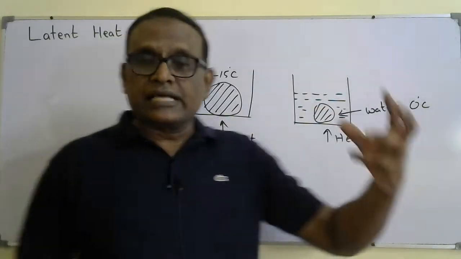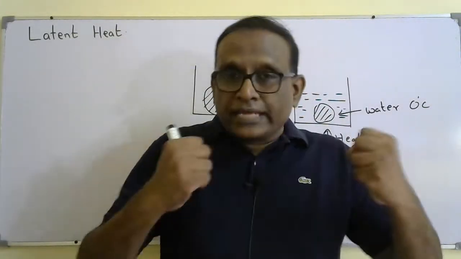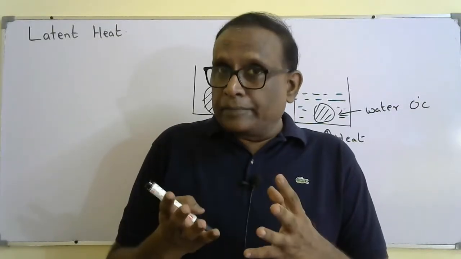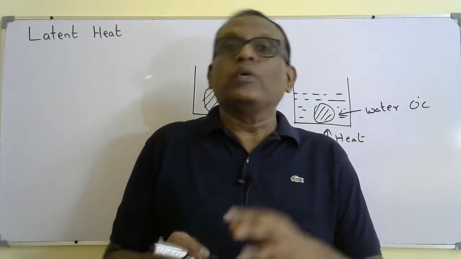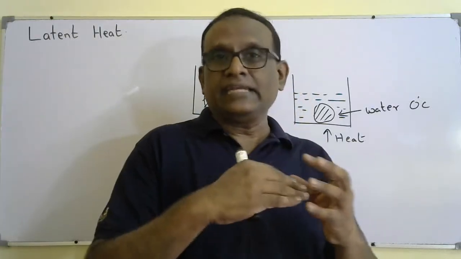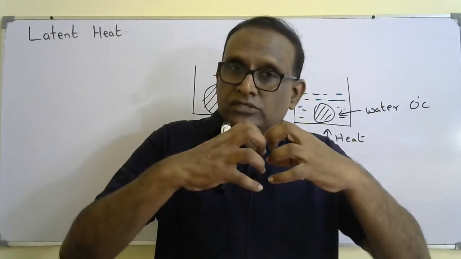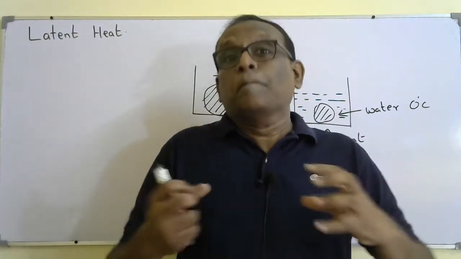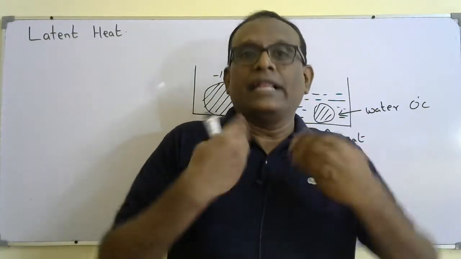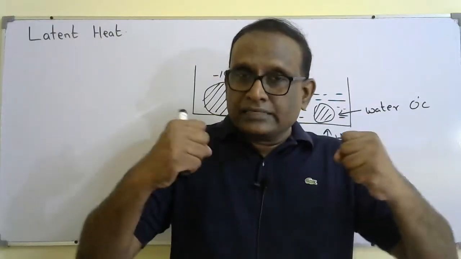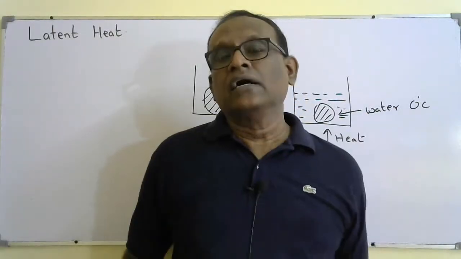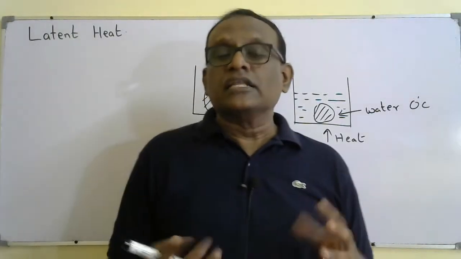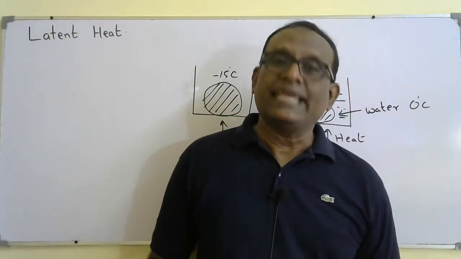All the heat we supply will be used to weaken the bonds. Weakening the bonds means the potential energy will increase, because the intermolecular force is getting weaker, and work is done to weaken the bonds. So the potential energy will increase.